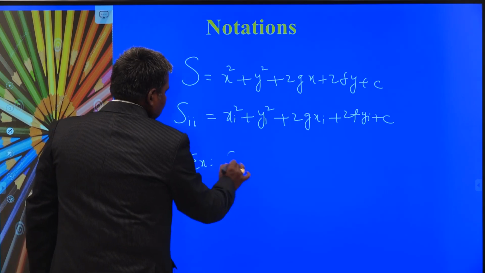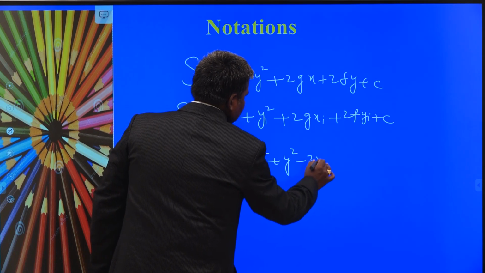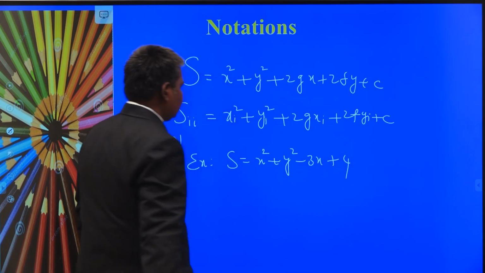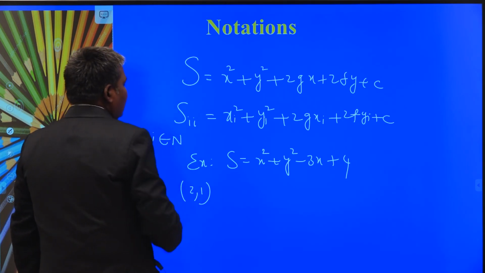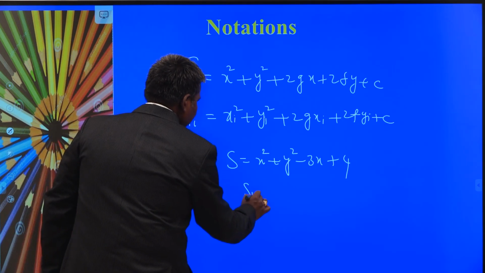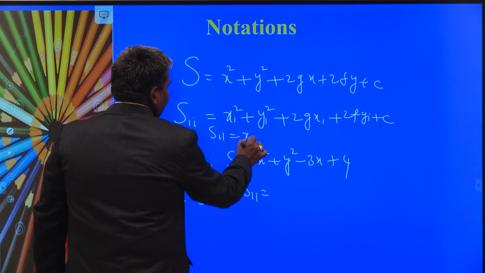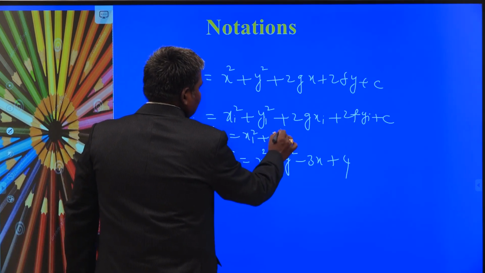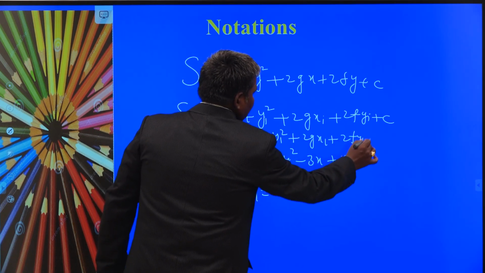Example, suppose S is equal to x square plus y square minus 3x plus 4. Suppose your point is 2 comma 1. How to obtain S11? That means S11 means what? x1 square plus y1 square plus 2g x1 plus 2f y1 plus c.